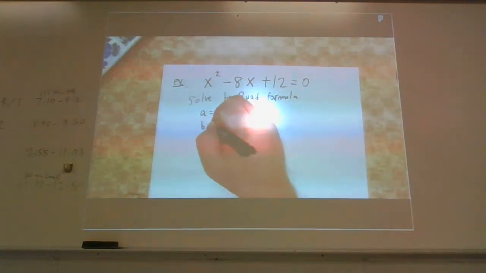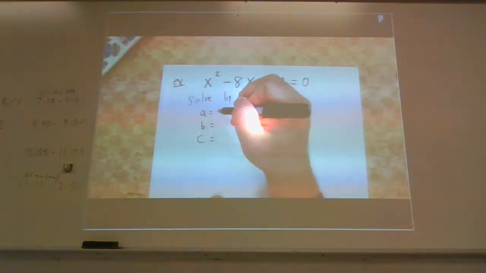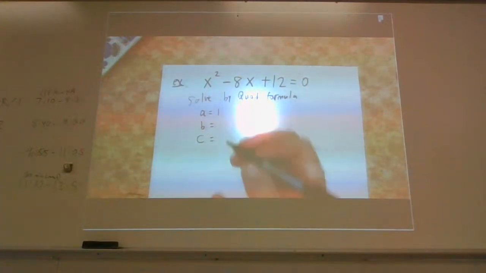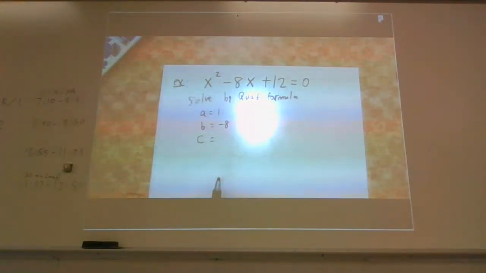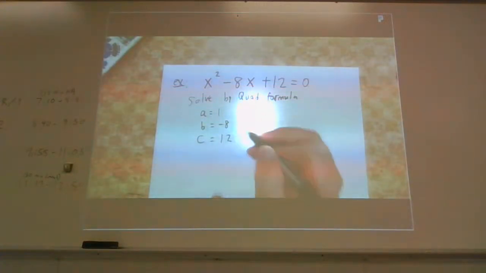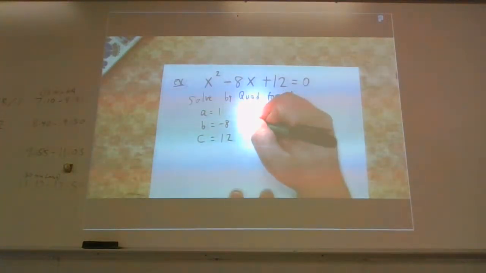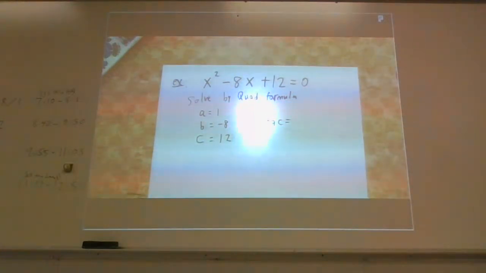Then I'm going to identify the values of A, B, and C. In this case, the value of A, well, it's an ax squared, so that's a 1. You gave me 8, but I made it a negative 8. And in order to make this problem work, I had to make it a 12 for my C value. Cool. Let's calculate the discriminant, b squared minus 4ac.